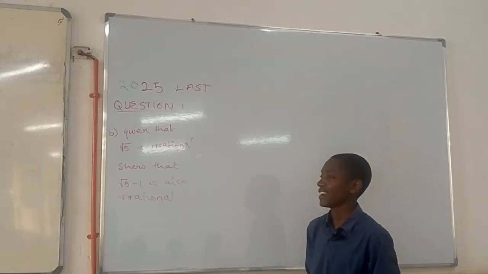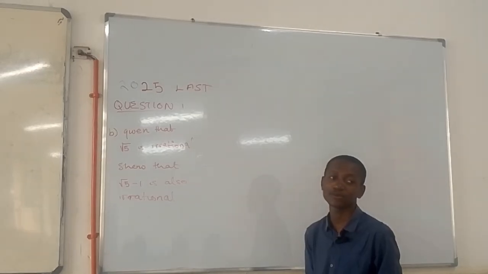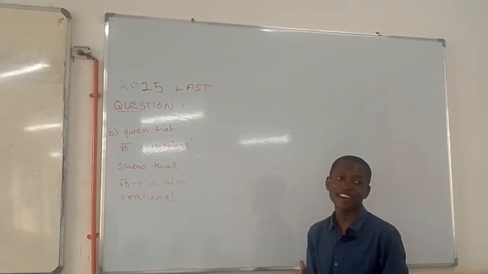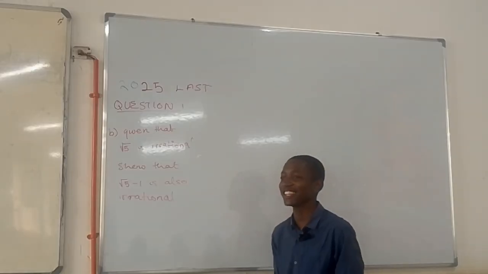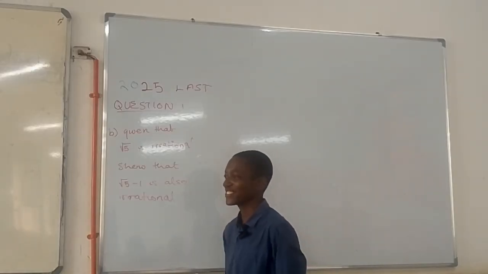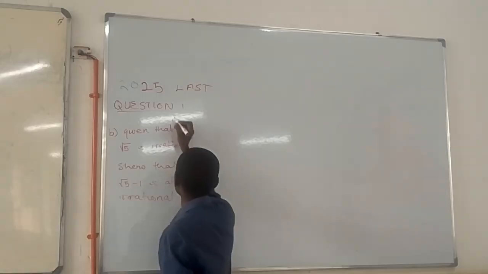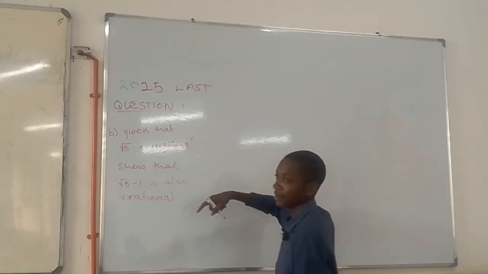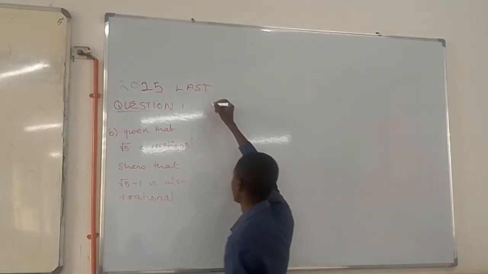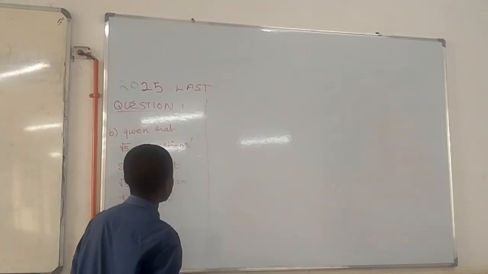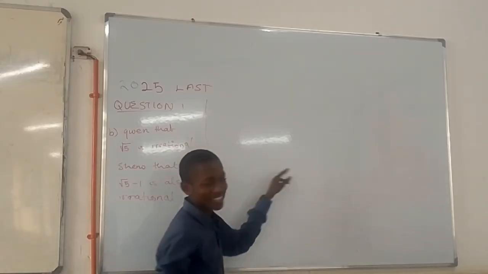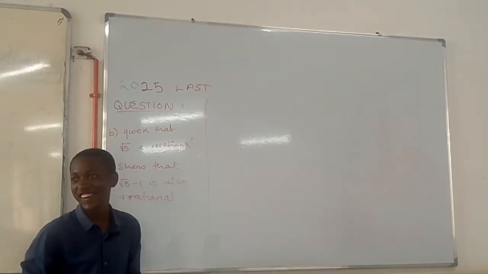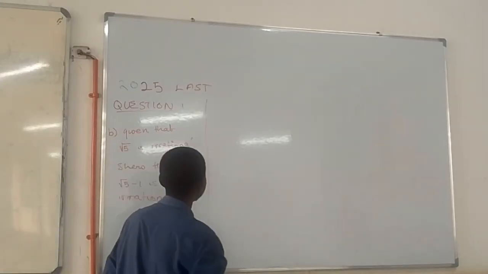This type of question for irrational numbers is usually the easiest, for example to prove that root 3 is irrational. So if it came like this, remember my statement, guys.